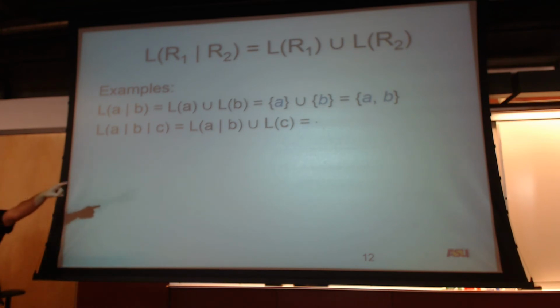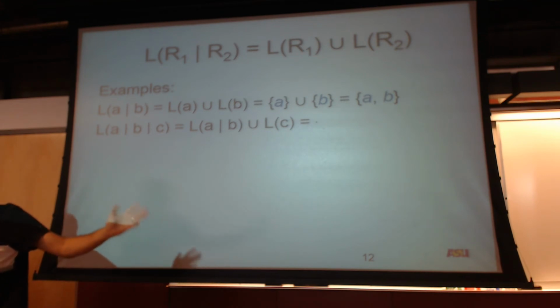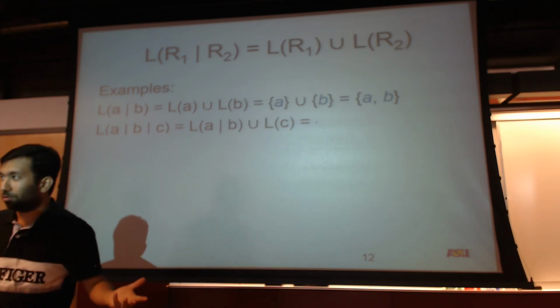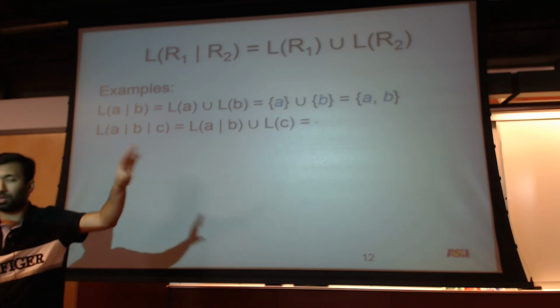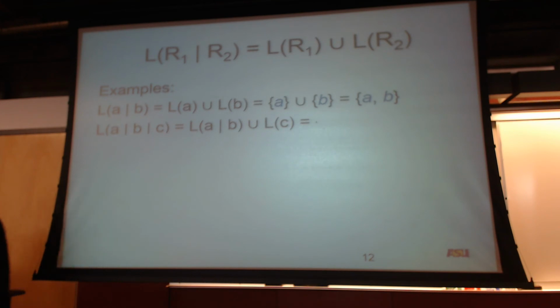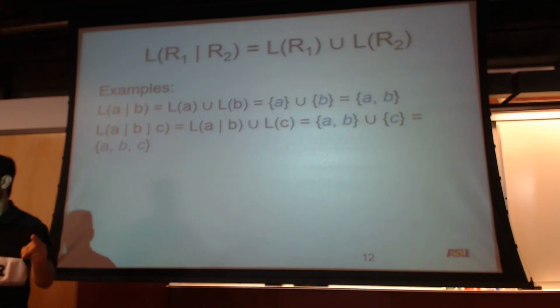Now what is happening is that I know L of A bar B. A is R1, B is R2. I know how to do that. I know the result. It's A comma B, right? So I put that, which means that now I have A comma B union C, right? These two sets. So the final set becomes A comma B comma C. This is the same answer that he said. It's correct. But I would suggest doing it in this way.